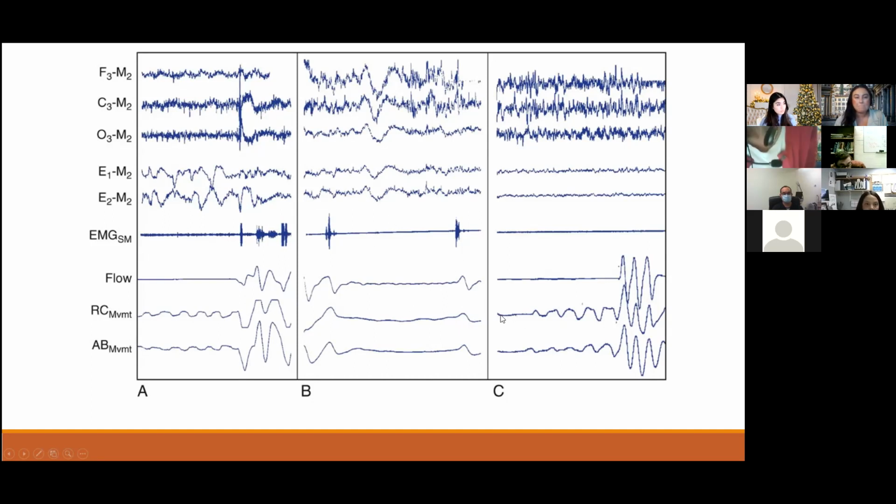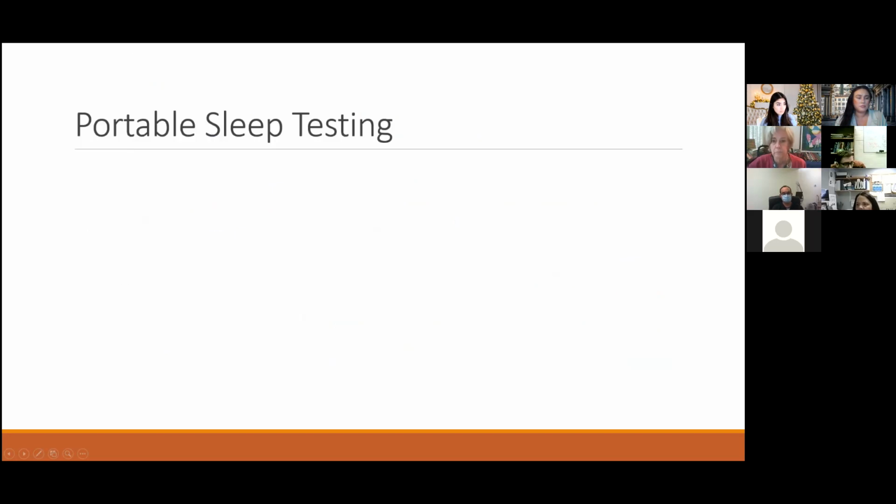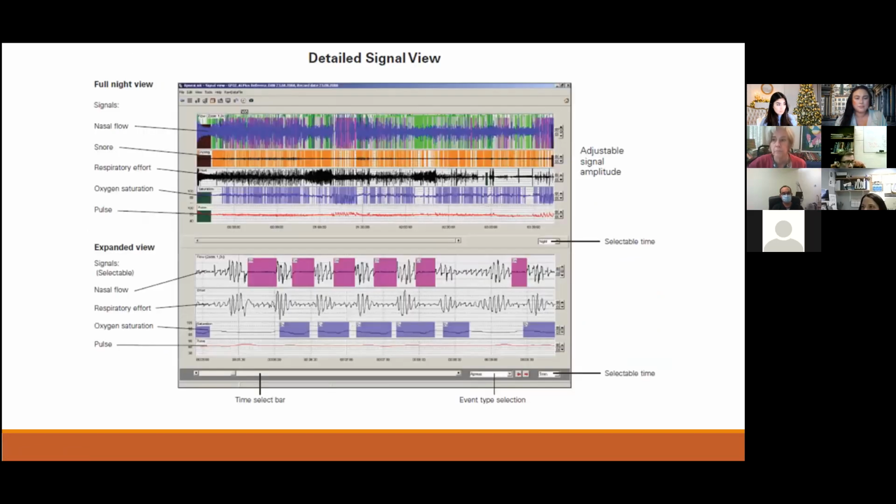And then here, absent respiratory effort, absent airflow. The patient tries to start breathing again, but airflow hasn't resumed. And a lot of times you'll see what happens. This is when you'll gasp, maybe even wake up a little bit, and then you start breathing really hard, right? Because you haven't overcome that obstruction.